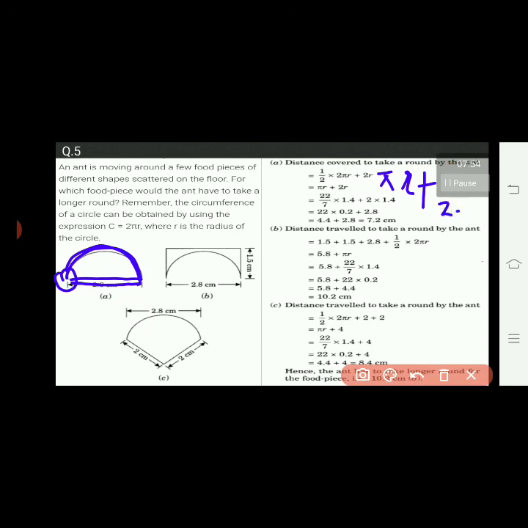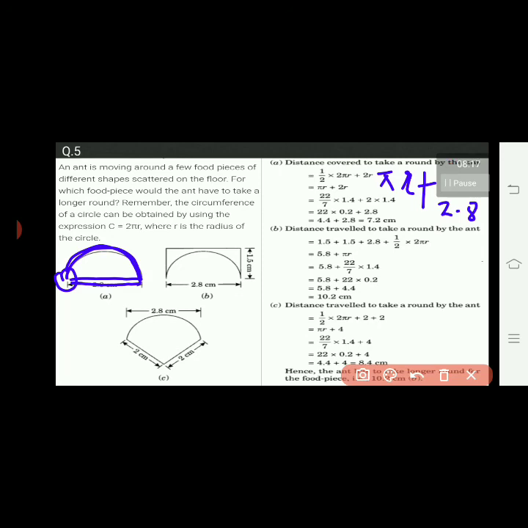You can take it as 2.8, or a formula is also given as 2r, because it is the double of the radius. So πr plus 2r, π value 22/7 into radius. Okay, d is 2.8, so your radius will be half, that is 1.4, plus 2 into 1.4. When you do the calculation, it is coming 7.2 centimeter.